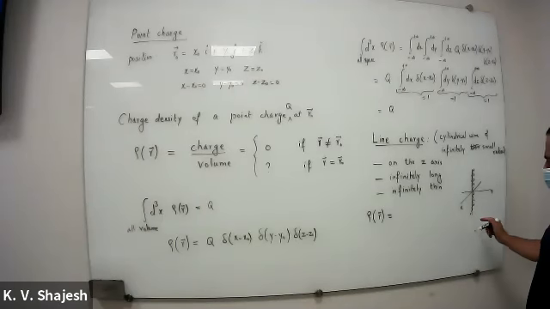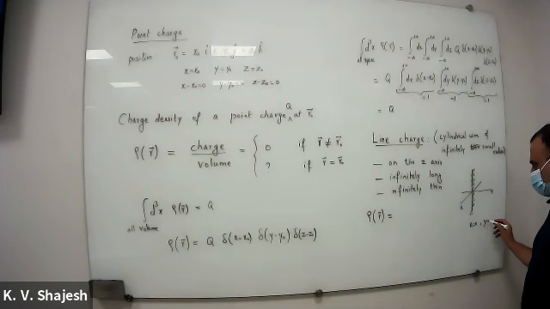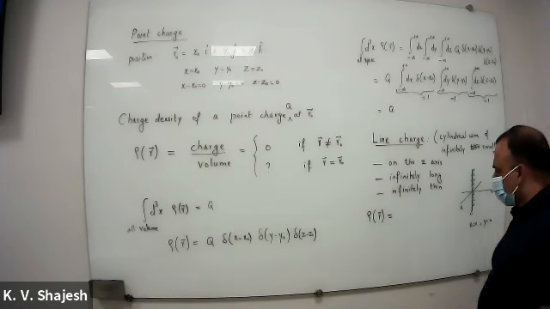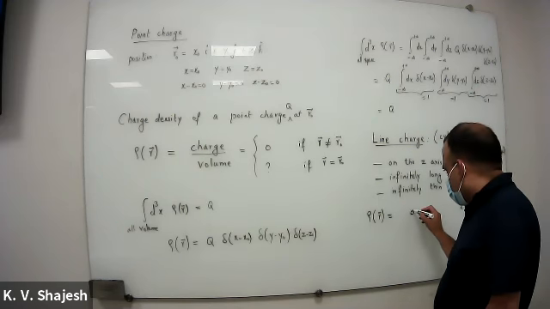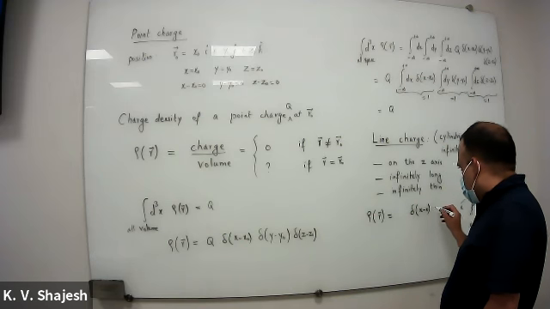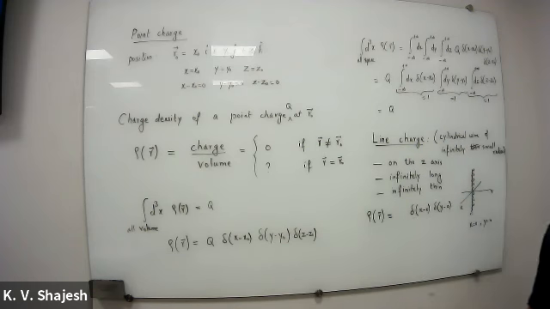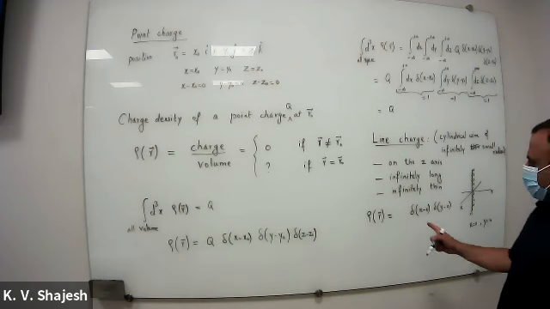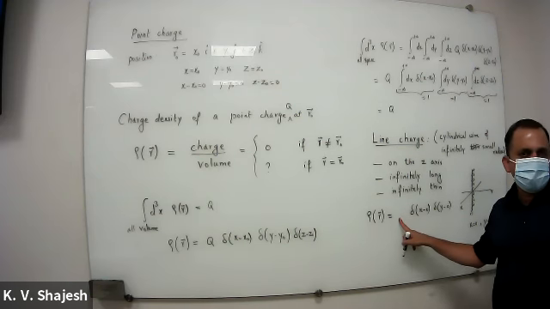The z-axis is determined by x equal to 0 and y equal to 0. So there have to be two delta functions. One is x equal to 0, which I'll write as x minus 0, and y minus 0, which is the same as saying delta of x times delta of y. I don't have to write zeros. But what goes in the front?